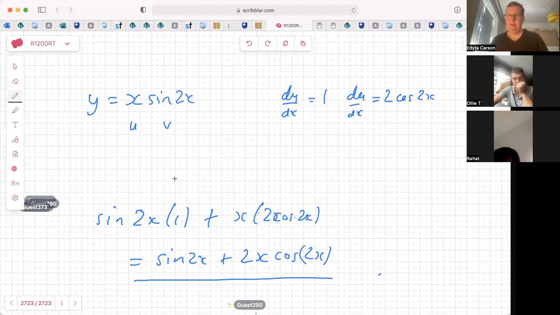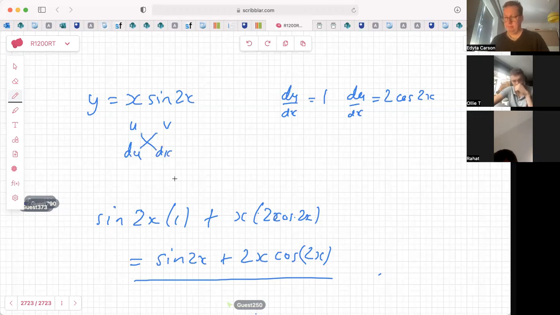I just didn't differentiate the sine 2x. Obviously, it's because it's a product, so it's the product rule. You differentiate both things and then times one by the other, like a cross thing. So that times that plus that times that.